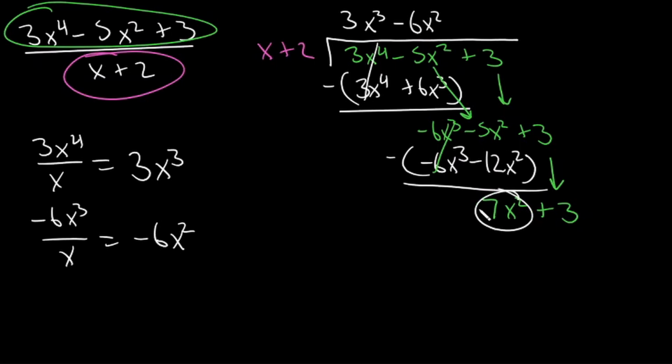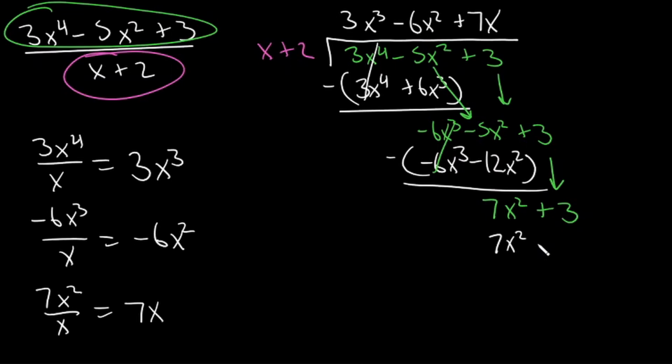And now 7x squared divided by x. That is going to be 7x. So let's write that plus 7x. So x times 7x, 7x squared. 2 times 7x is 14x.